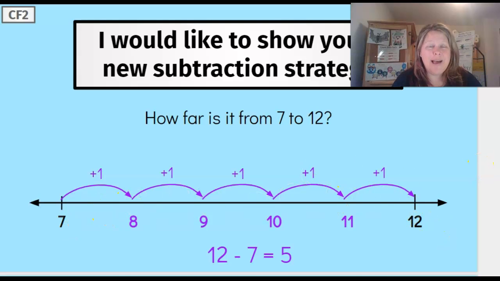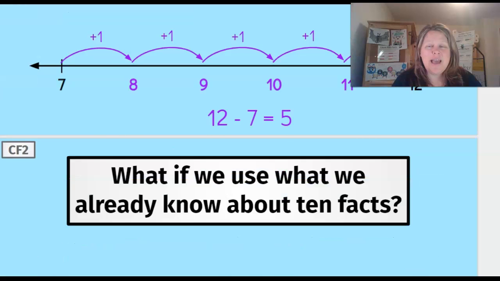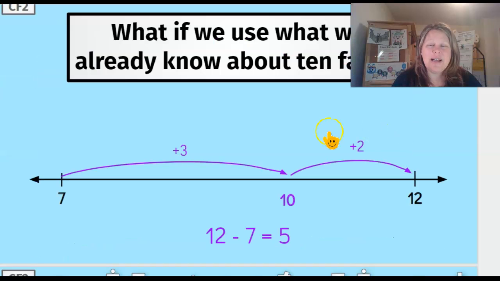Now I bet a lot of you were also thinking, hey, Miss Miles, it would be a lot easier to solve the problem. I wouldn't have to make 5 jumps and do as much writing on my number line if I decided to do a jump of 3 to get me to that nice friendly number of 10. Then I know that all I need to do to get to 12 is add 2.